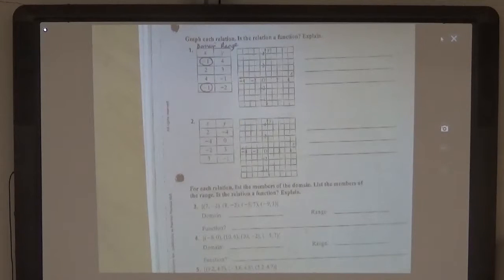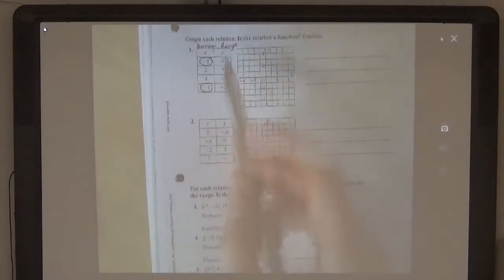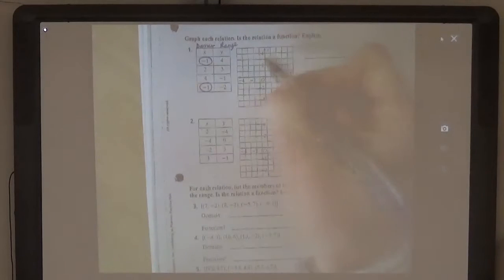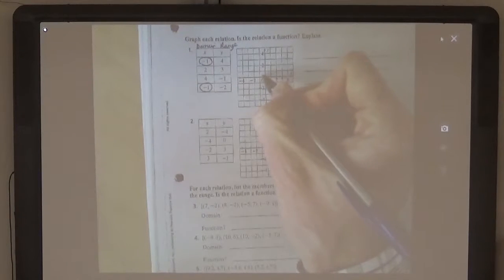So, is the first one a function? No, that is not a function. -1 has 4, and -1 has -2. Remember, always go left or right for the x value, and then go up and down for the y value.